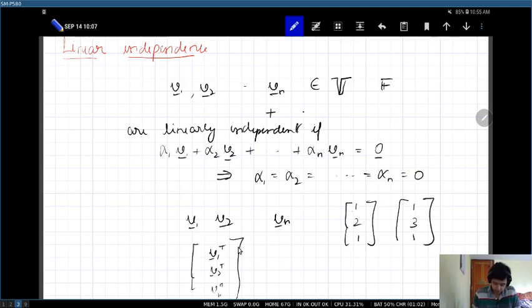However, these three vectors put together are linearly dependent, because the third vector can be written as a linear combination of the first two. The sum of the first two vectors gives you the third vector, right?